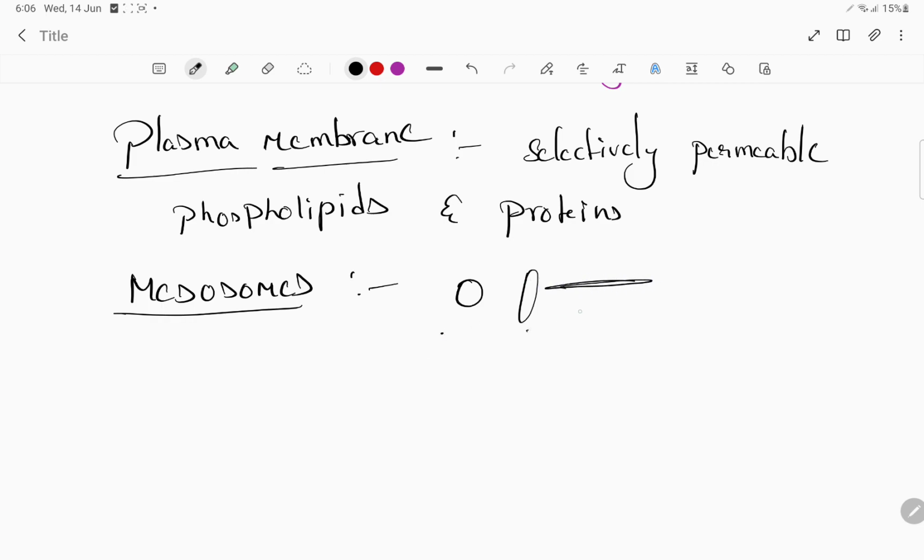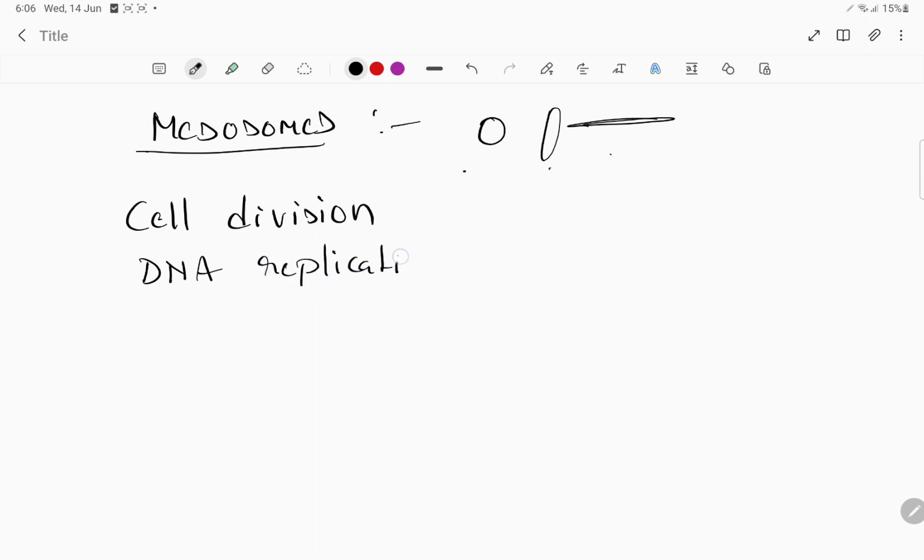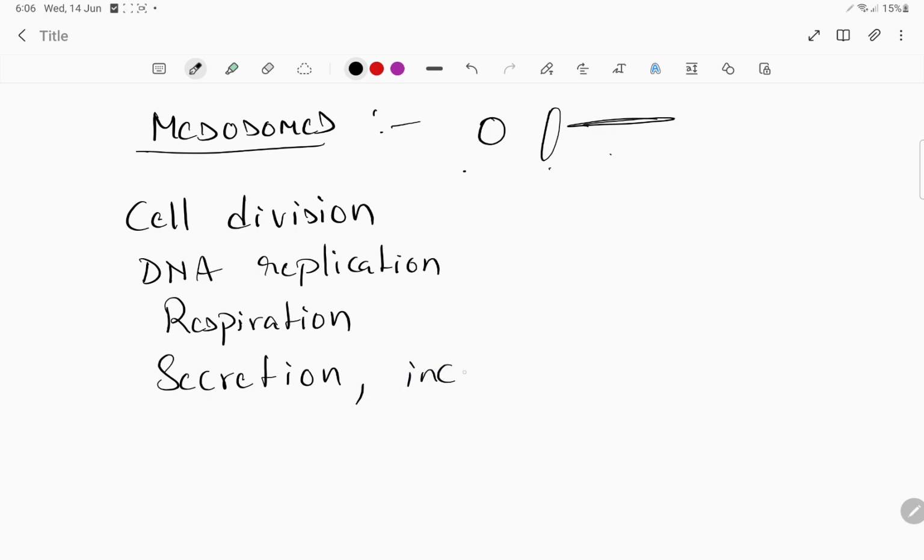It will be helpful in cell division, DNA replication, and mainly for respiration, secretion. Also mainly to increase the surface area.